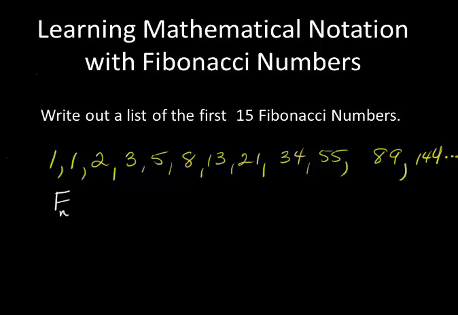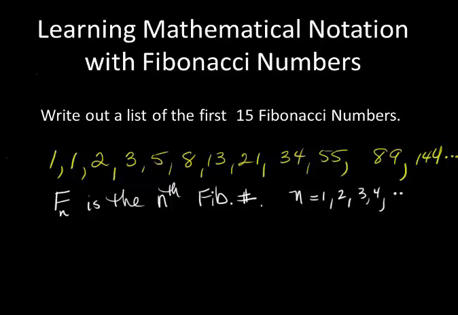F sub n is the nth Fibonacci number. Now n can take on the values 1, the first one, 2, 3, 4. n takes on the values of the natural numbers.